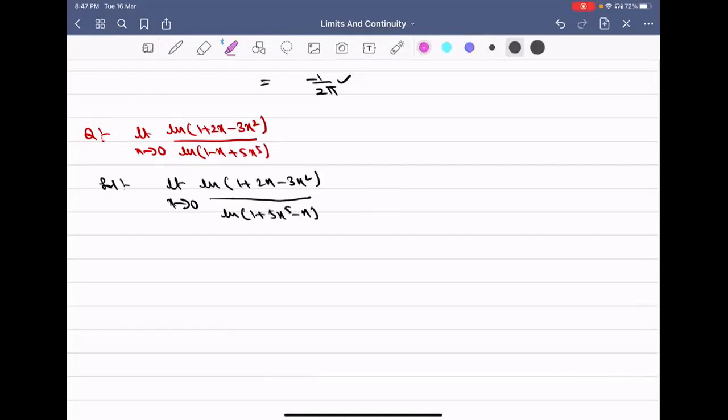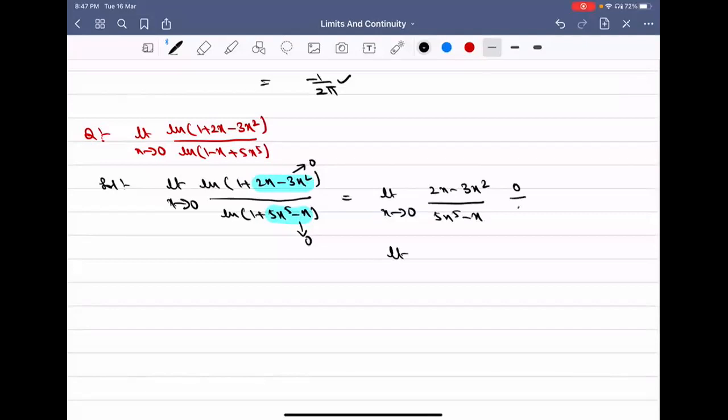These two tend to 0, therefore this can be replaced with limit x tends to 0, 2x minus 3x square over 5x power 5 minus x.